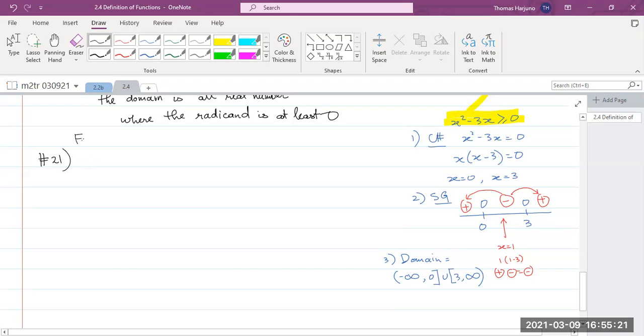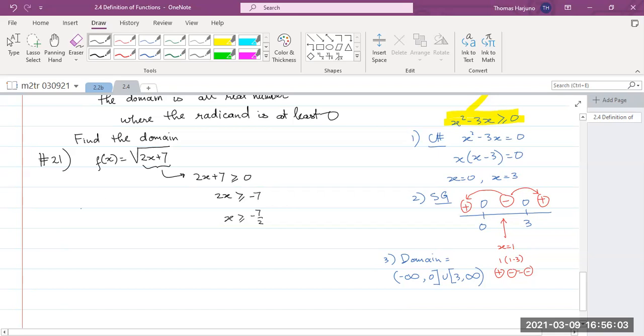Find the domain. f(x) equals square root of 2x plus 7. That's a square root function. What is the domain? You look at the radicand. It's a square root, so the radicand has to be non-negative: 2x plus 7 should be greater than or equal to 0. But that's a linear inequality, so you just solve it like you solve a linear equation.